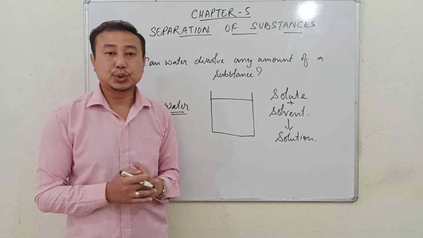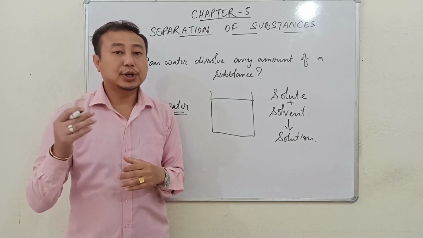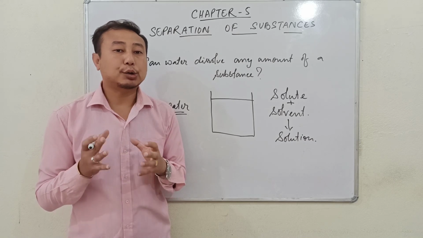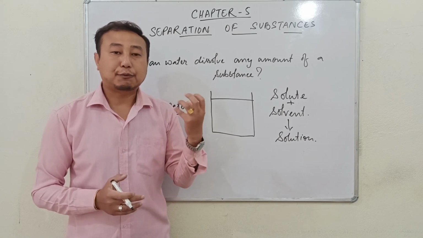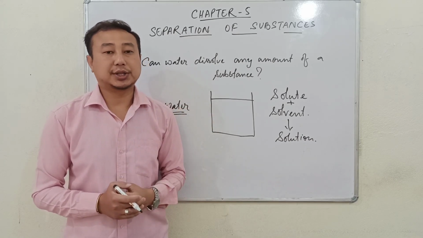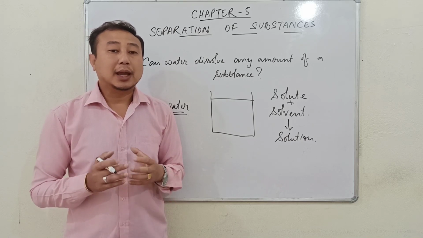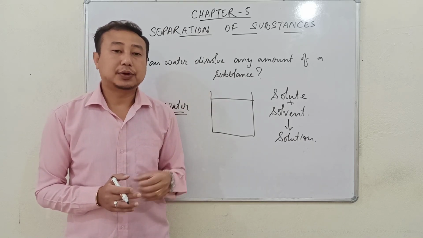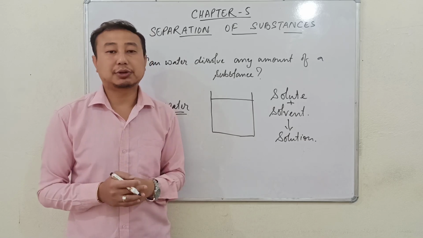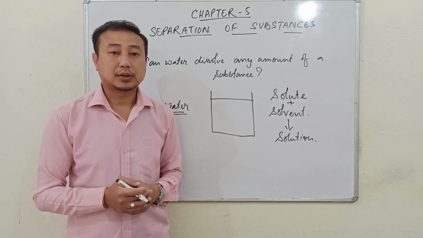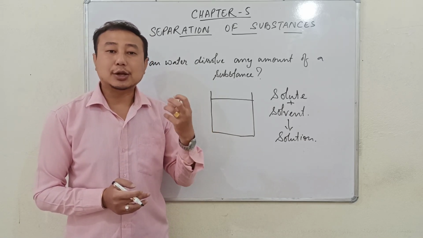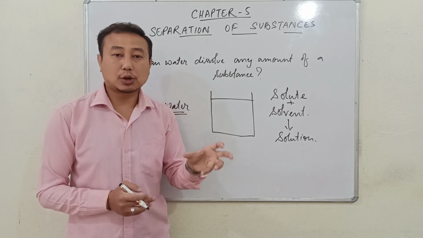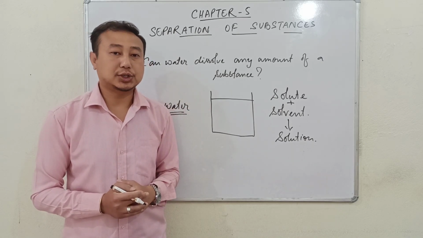The answer is no. Depending upon the temperature and the amount of water that we have taken, a fixed amount of solute can be dissolved in that water. So it is not that if we take one glass of water, we can dissolve as much solute as we want. A particular amount of solute can only be dissolved in a particular amount of solvent at a particular temperature.